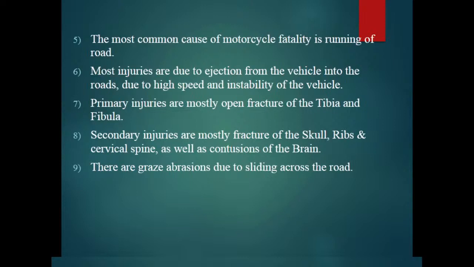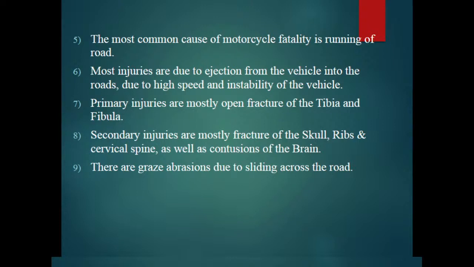The most common cause of motorcycle fatality is running off the road, when motorcyclists go off the road and hit different obstacles. Most injuries in this case are obtained due to ejection from the motorcycle. Then the motorcyclist is thrown, usually a relatively long distance, and might hit the surrounding environmental components.